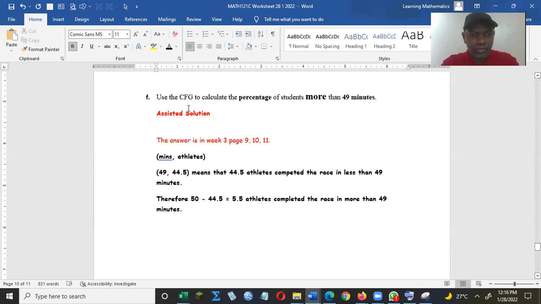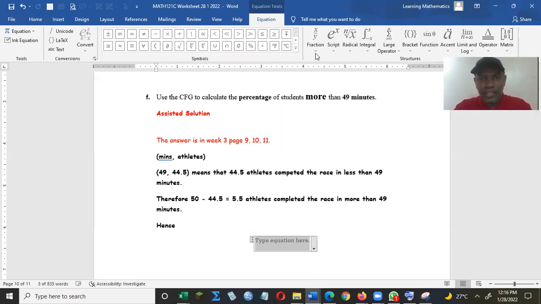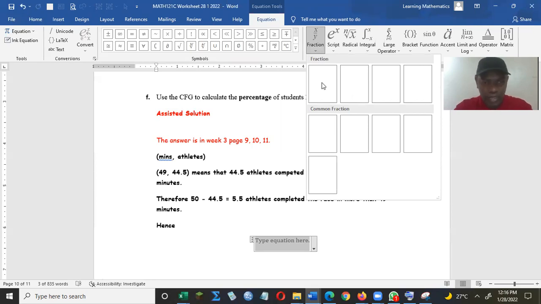However, we are still not through answering the question, because the question asks for the percentage. So we go to Insert, we go to Equations, insert a new equation, and we look for fractions because we want to calculate percentage.